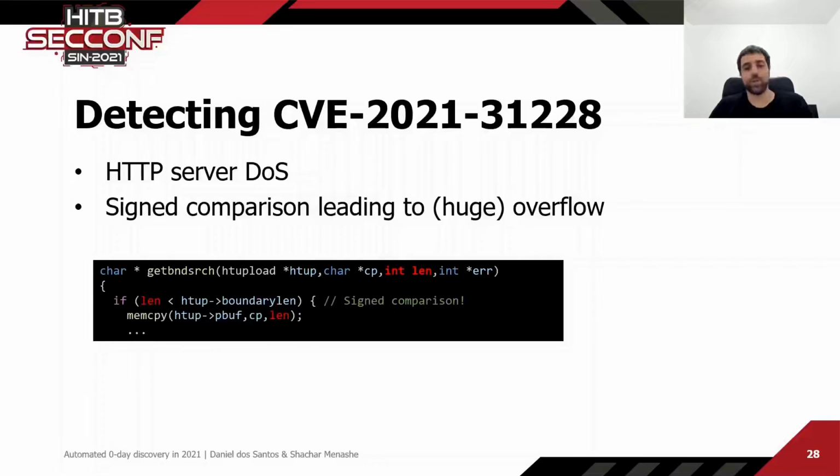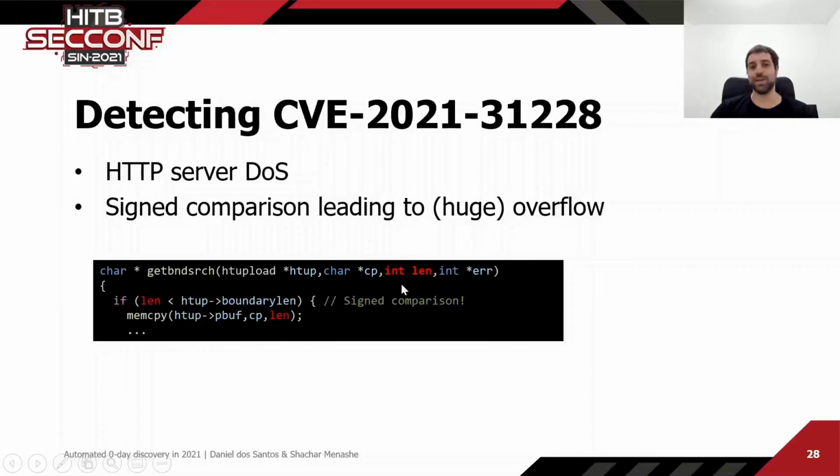Here len is actually user controllable, and I'll show why it's user controllable. And here we have an if condition. If len is smaller than some boundary length, then do the memcpy. So this looks kind of fine until we realize that len is an integer and boundary len is actually also an integer.